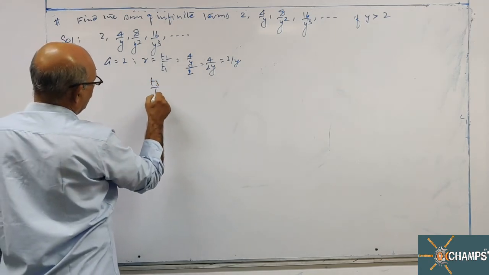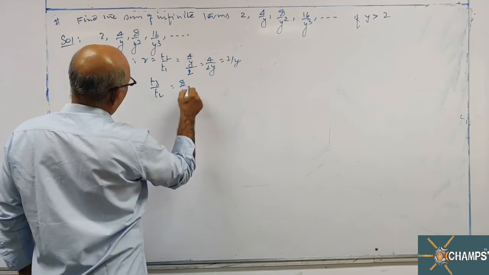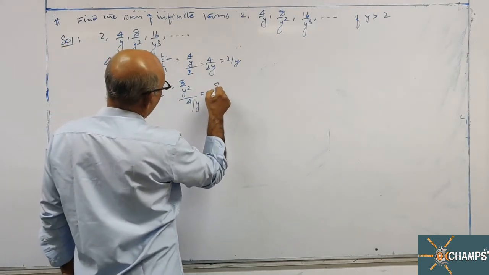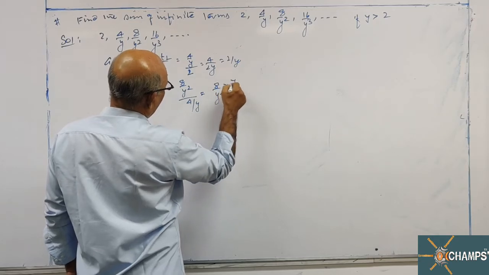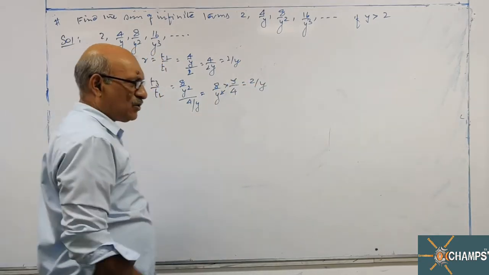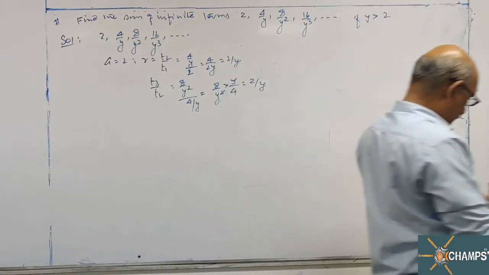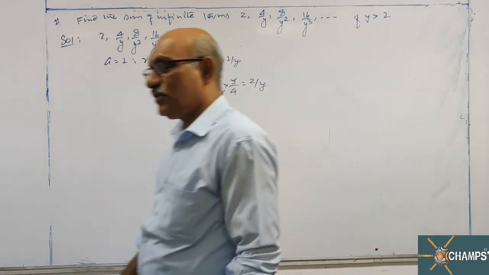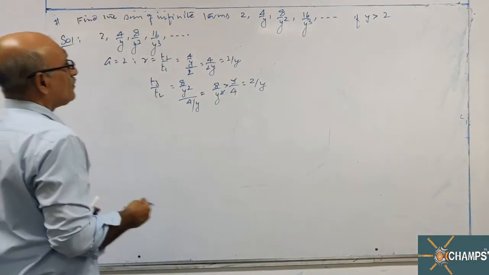T3 divided by T2, 8 by y square into y by 4, 2 by y. Common ratio is same, so it is in geometric progression.